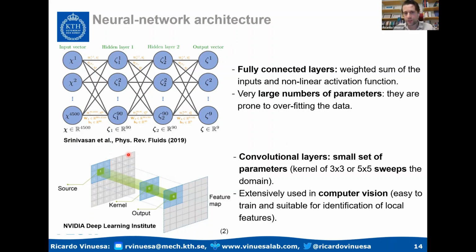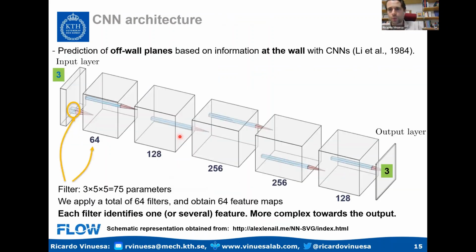And I'm going to show you one of the architectures that we consider. In this architecture, we have 3 input planes. As I mentioned, the 2 wall shear stress components and the wall pressure, and we have 3 output planes. Those are the 3 velocity fluctuations above the wall at a particular wall normal location. And in this case, we have 6 hidden layers with the number of filters per layer that I'm indicating in this figure.